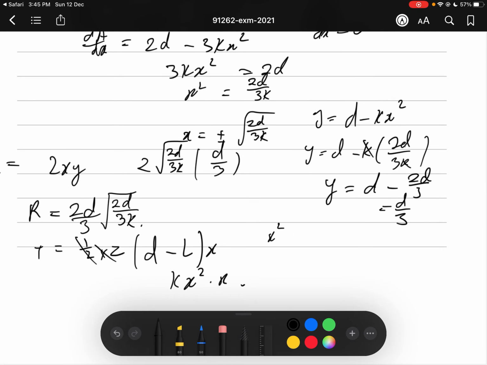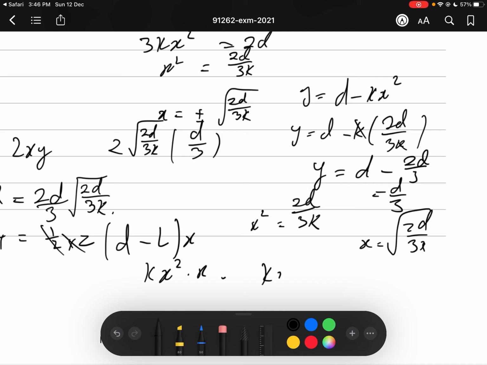Our x squared was equal to 2d over 3k, and therefore x is equal to the square root of 2d over 3k. So kx to the power 3 is equal to kx squared times x, which is equal to k times 2d over 3k times the square root of 2d over 3k.